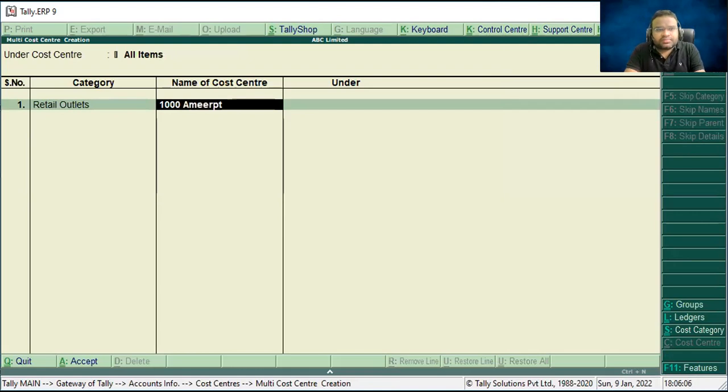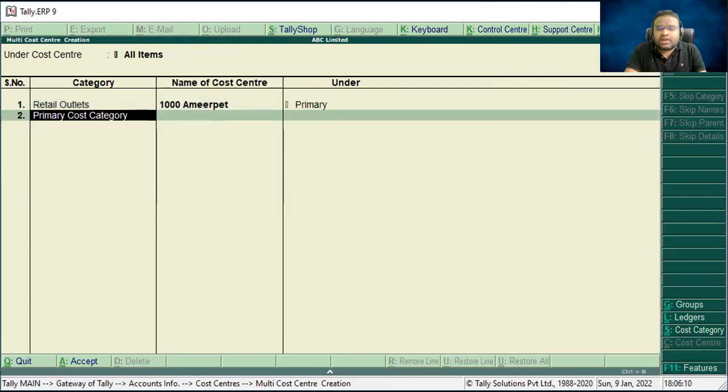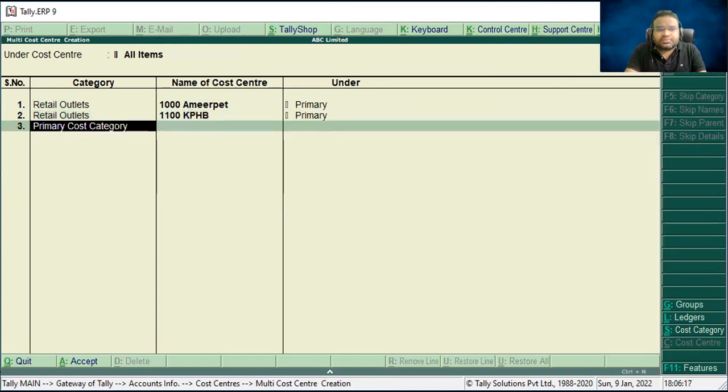Amirpet. Next, another retail outlet, another 1,100, KPHB. Under retail outlets, 1,200, Secunderabad.